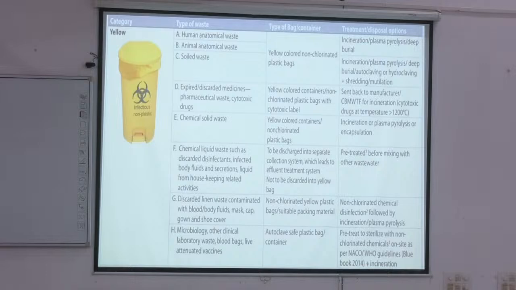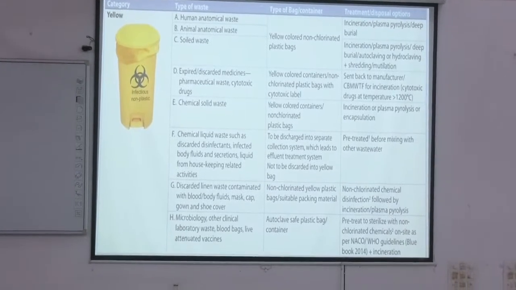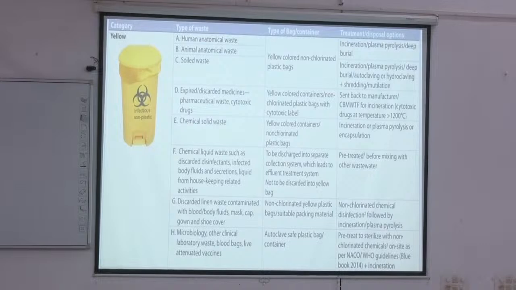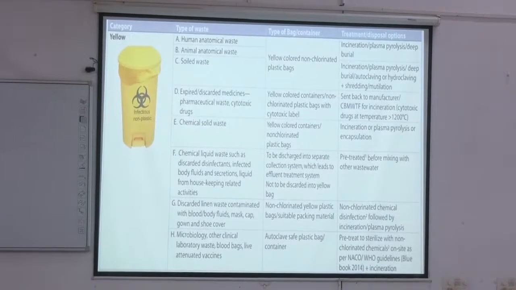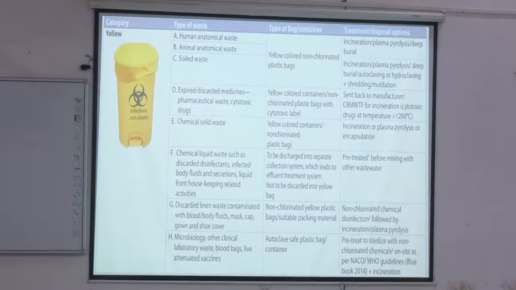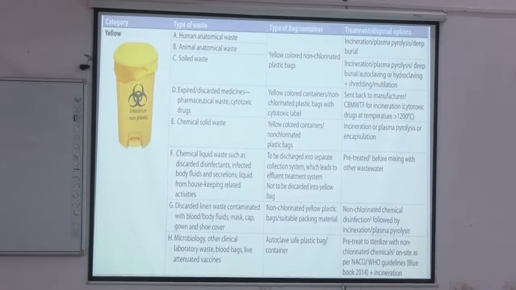But in a chlorinated bag, at high temperature, chlorine gas will come out, and that is a hazard for health. That's why the new amendment has made it so that the bag should not have any chlorine particle, so it is a non-chlorinated yellow or red or blue bag.